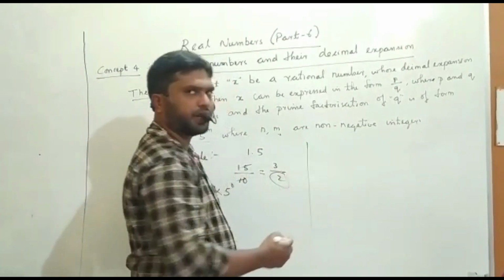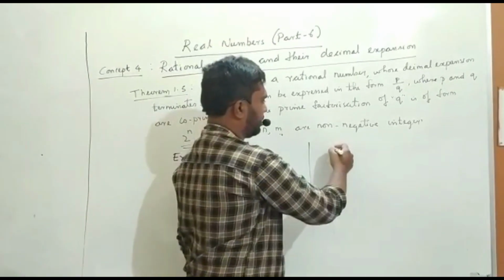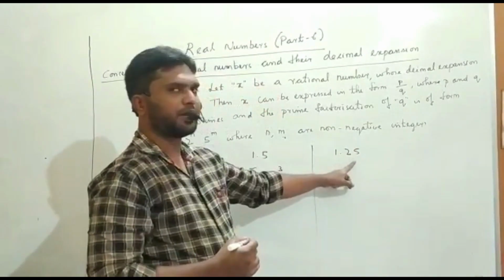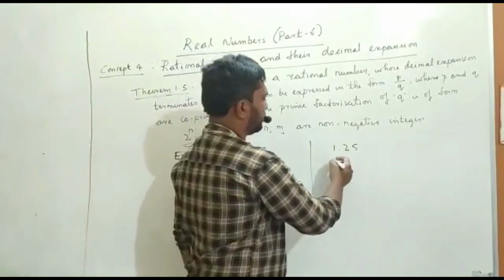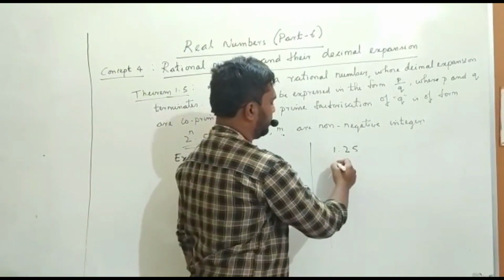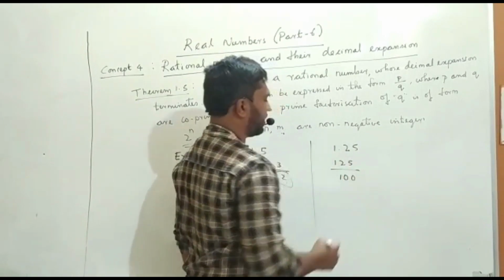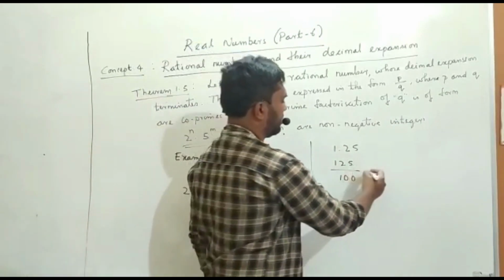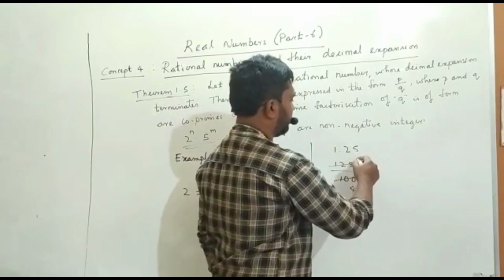Another example, you can take 1.25. This is also terminating, it's not repeating. So 125 by 100 we can write. If you want, you can simplify this again: 25 4s are 100, 25 5s are 125.